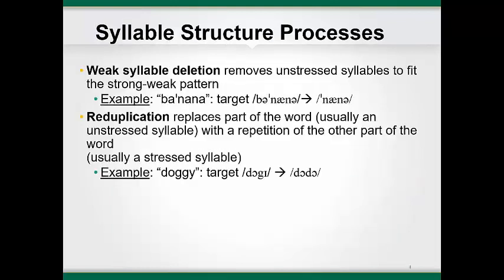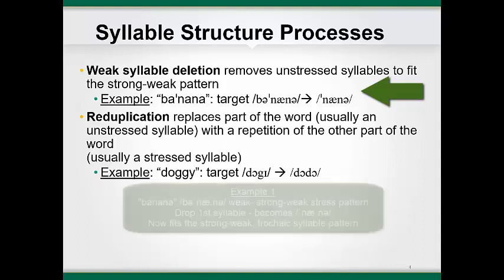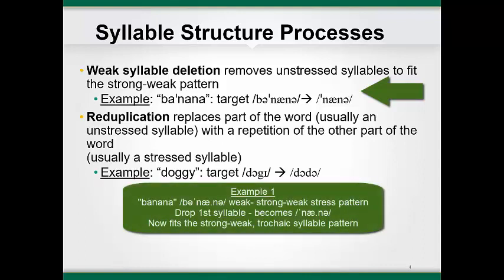The next two syllable structure processes we will examine are weak syllable deletion and reduplication. In weak syllable deletion, an unstressed or weak syllable is removed from a word. This process is especially common if the word does not fit the strong-weak pattern. For example, it's common for kids to substitute nana for banana.